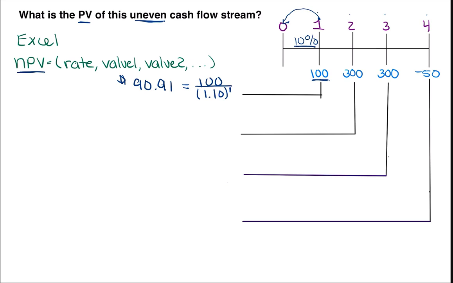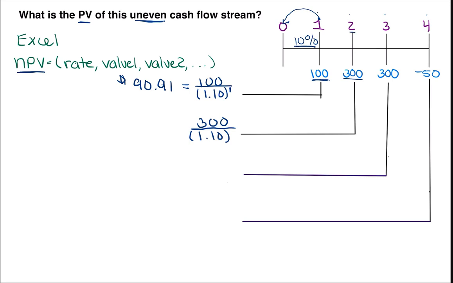Then I'm going to take my next one, which is my $300. So I take my 300, divide by 1 plus my rate, and my exponent is going to be how many compounding periods am I coming back.